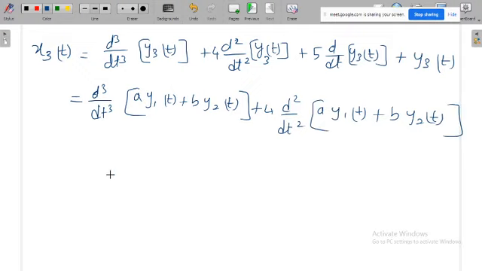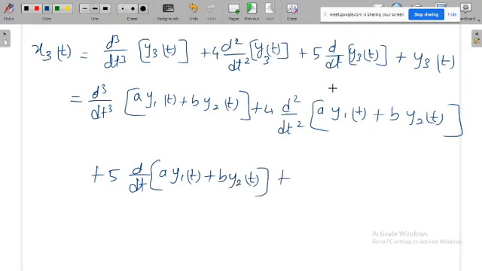Okay, and again this term plus 5 d by dt a y1 of t plus b y2 of t, and again the last step, this one. Okay, a y1 of t plus b y2 of t.